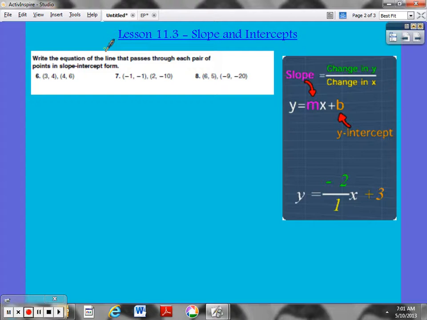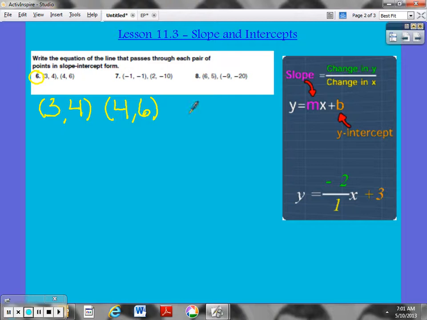Taking a look at this, I'm going to do number 6. I have 3, 4, which is my x sub 1 and y sub 1.